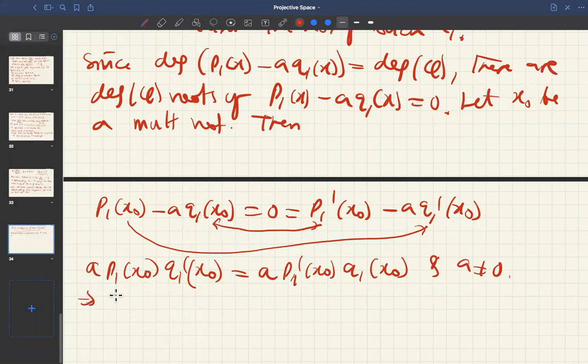This implies that x naught is a root of P1 Q1 dash minus P1 dash Q1. So if there's a double root, then x naught is a root of this.